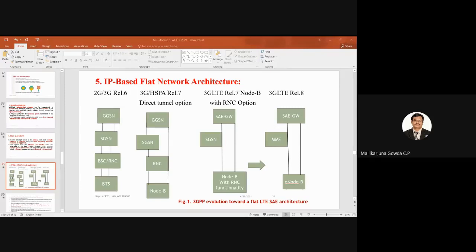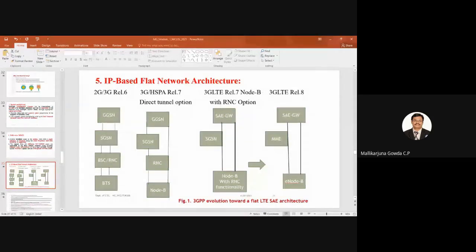That is the next technology with respect to these key enabling technologies we were discussing about LTE. The last one is IP-based flat network architecture. Hope you're able to see the PPT. Yes, sir. I have written here four diagrams.